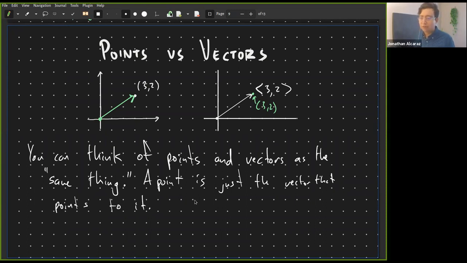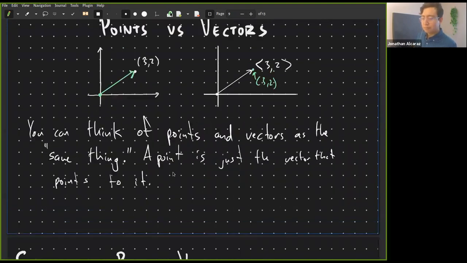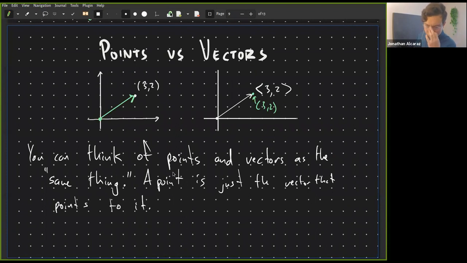Right. So if you want to get to a certain point, just tell me the vector that gets me there from the origin. In terms of the numbers, it's going to be exactly the same, as we can see here. The vector 3, 2 is the vector that gets me from the origin to the point 3, 2. Okay. Cool.